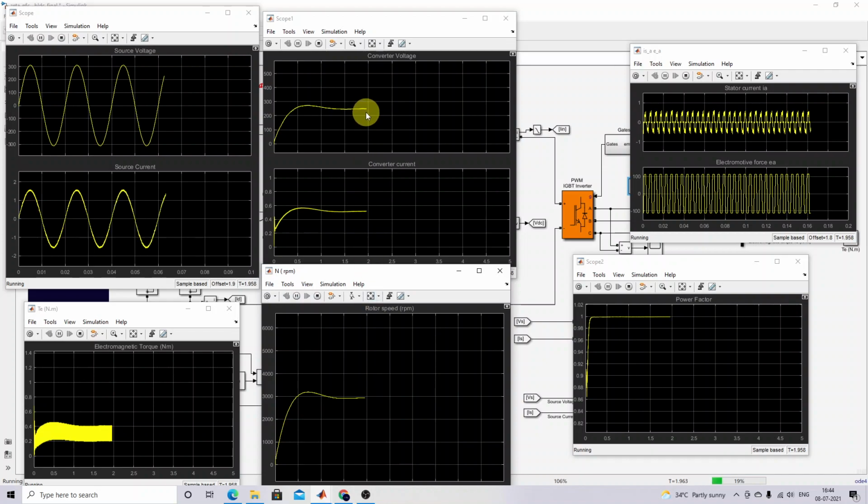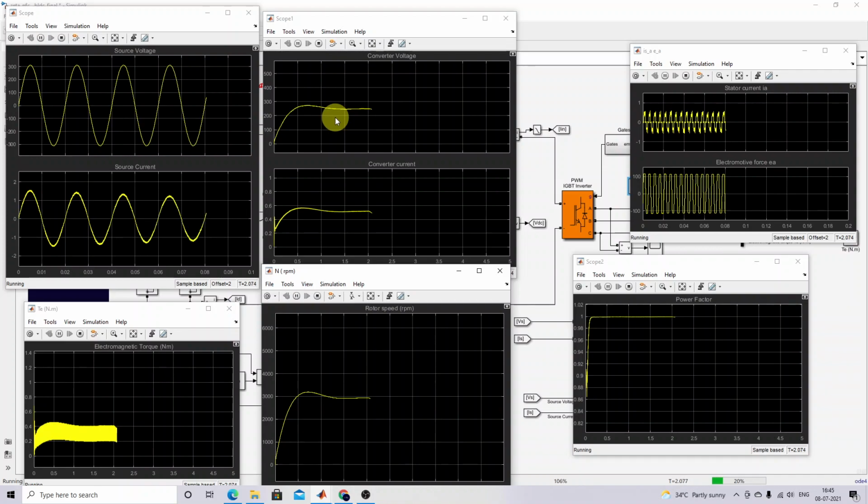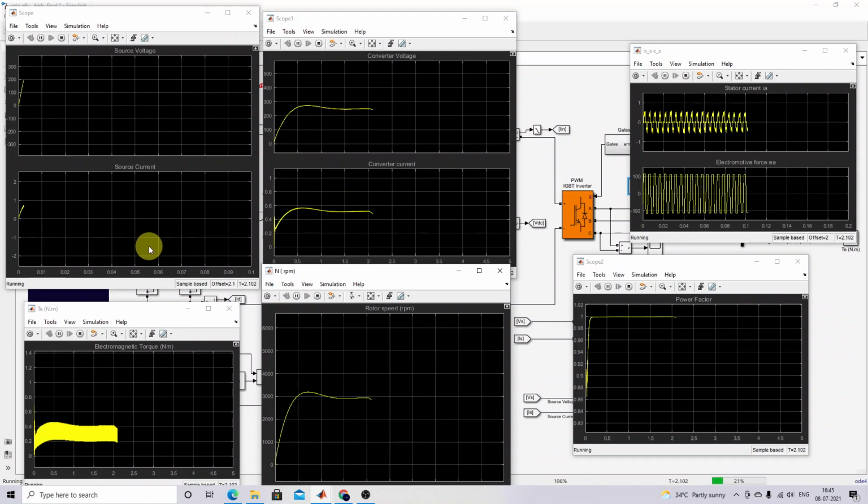So at the time of 2 seconds the reference voltage changes from 250 to 150 volt. We'll check the response of the converter and then the nature of the source current.